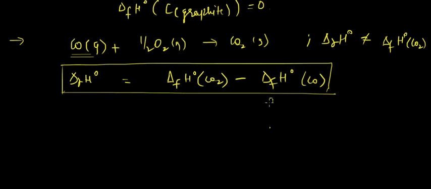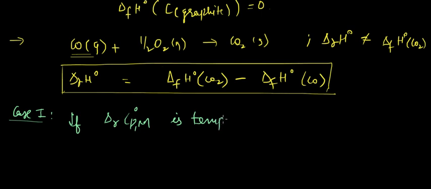Okay, so let's see some cases here. Case 1 is if delta R CPM naught is temperature independent from T1 to T2.